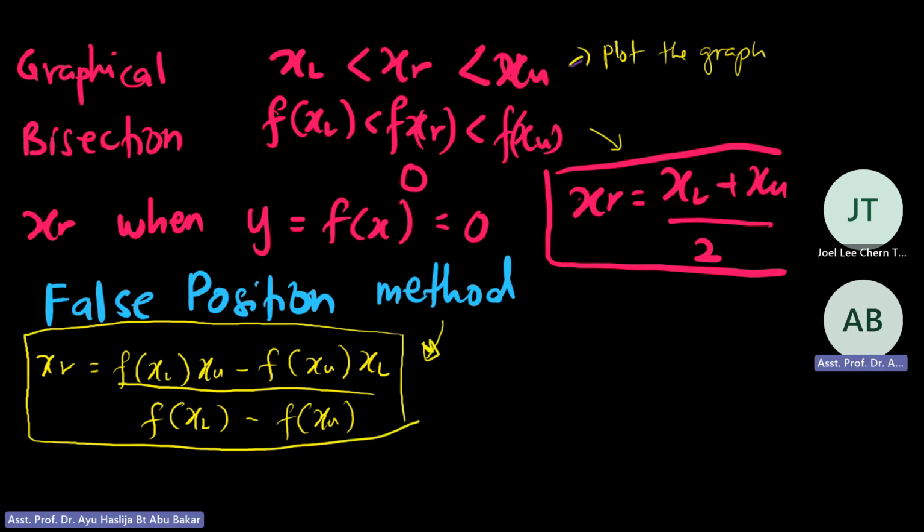So all of this is bracket method. Bracket method means you have the XL value and XU value given. You must have the range. Within what range? If the question doesn't give you the range, ask for it. Okay, if not, you cannot proceed with the calculation. Okay, that one is for bracket method.